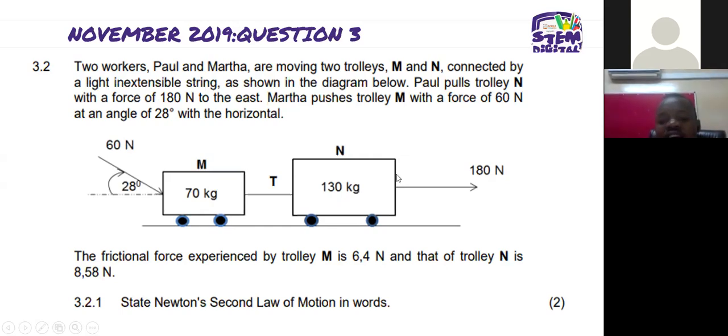The vertical component is actually trying to lift the trolley, so the normal force decreases. The vertical component of the force, as well as the normal, balance the force of gravity. This downward force is balanced by the vertical component of the applied force as well as the normal, and hence the normal is decreasing.